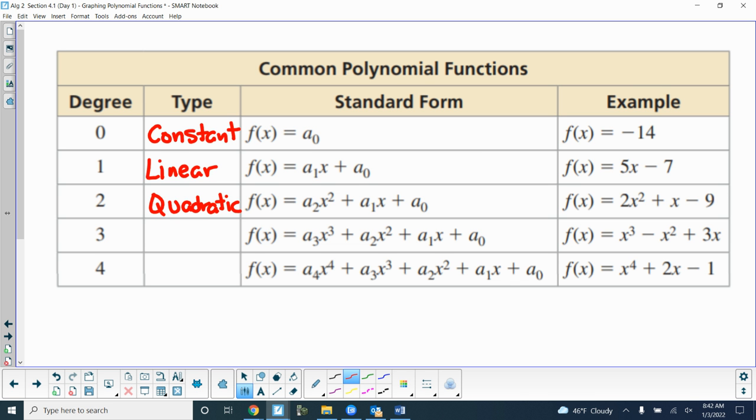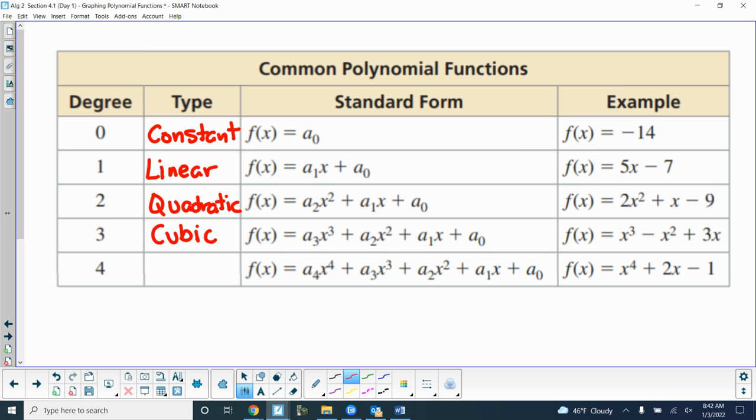Well, instead of saying x to the 3rd, sometimes we say x what? Cubed. So when you have an x to the 3rd or x cubed, we call that a cubic polynomial. So that shouldn't be too hard to remember. Now to the fourth power, think about musical stuff.